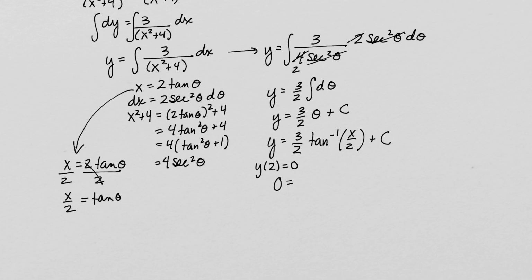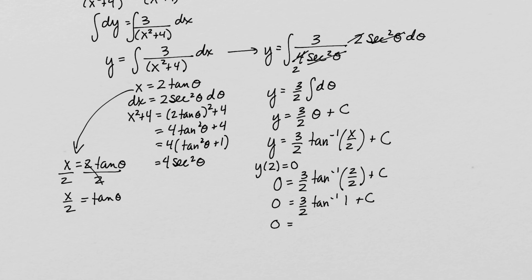So doing that, 0 is equal to 3 halves times the inverse tangent of 2 over 2, plus c. So 0 is equal to 3 halves times the inverse tangent of 1. And the inverse tangent of 1 is pi over 4.